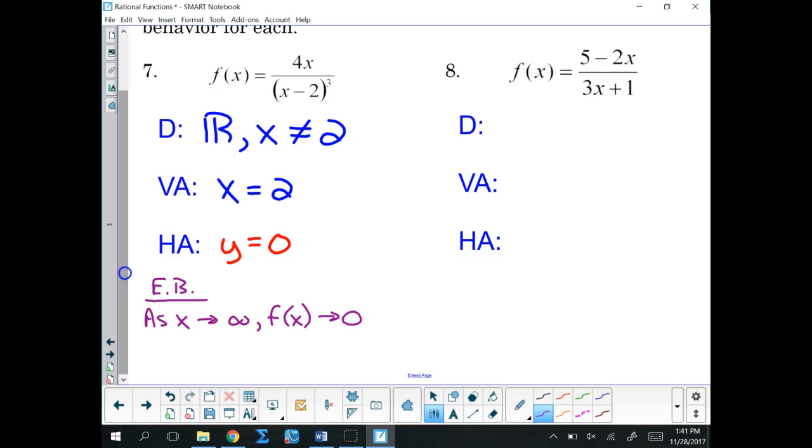I just need to figure out above or below. As x approaches negative infinity, f of x is going to approach 0. Again, I just need to figure out above or below.